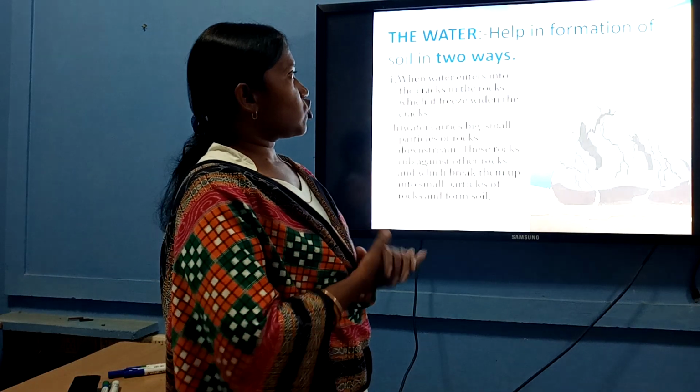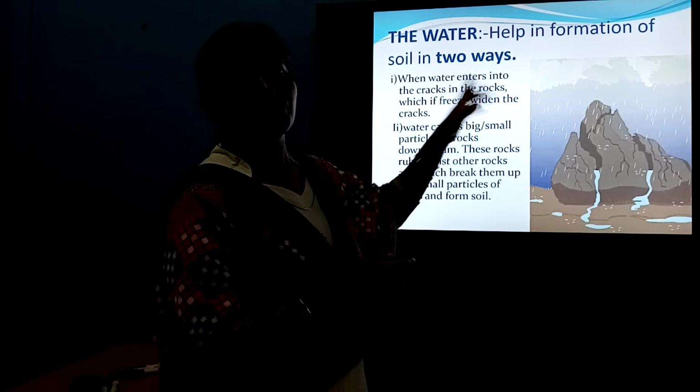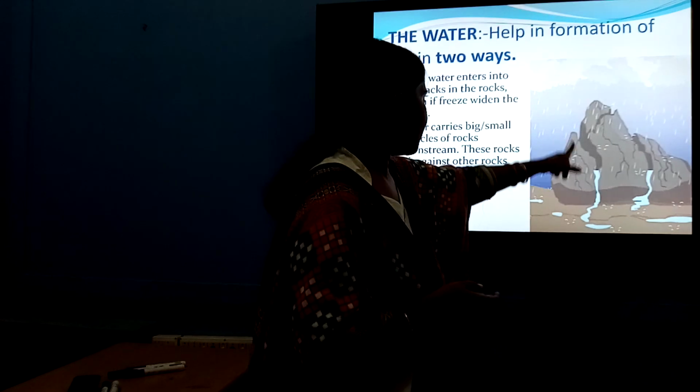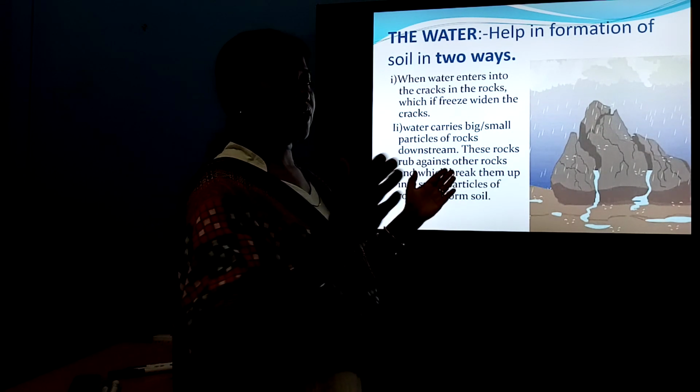Now how does water also help in the formation of soil? Water helps in two ways. Number one, when water enters the cracks in the rock and freezes, it widens the cracks.